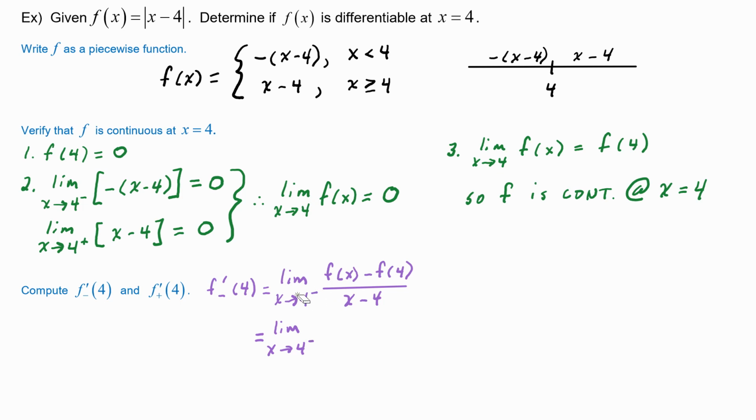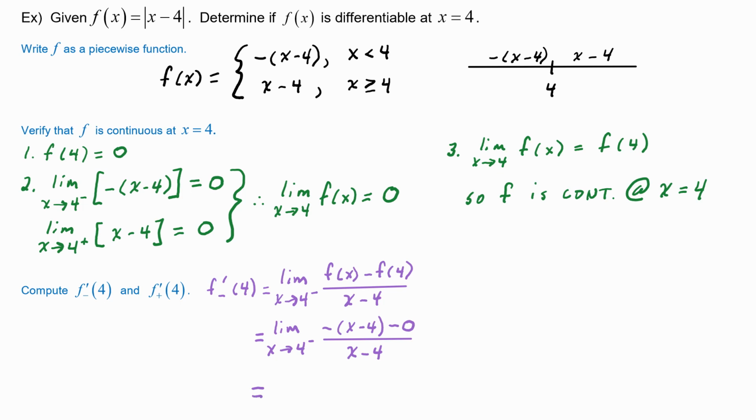When we're coming into 4 from the left, f of x is this definition, negative (x minus 4). And then we have to subtract f of 4, which we know is 0. Put all of that over x minus 4.